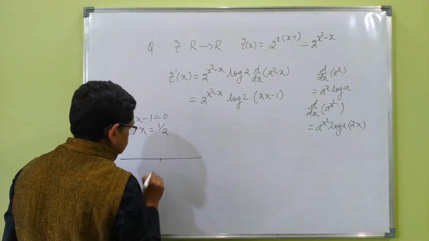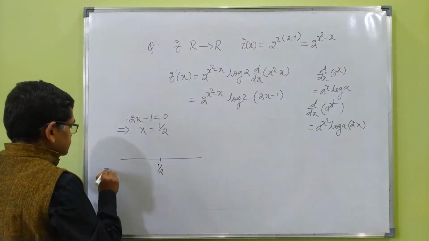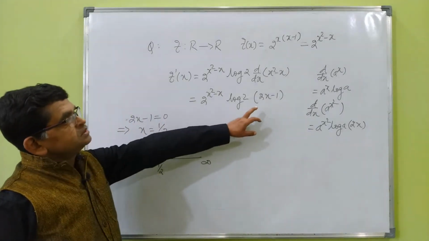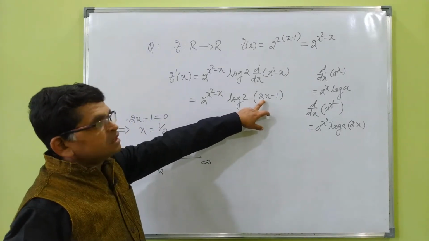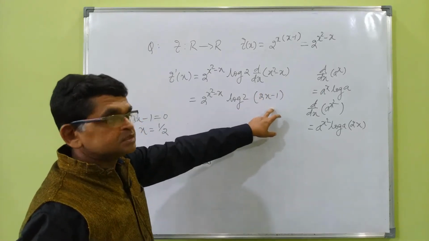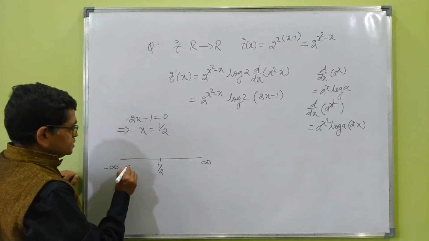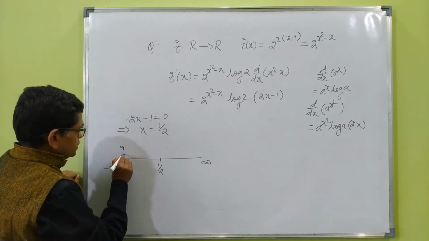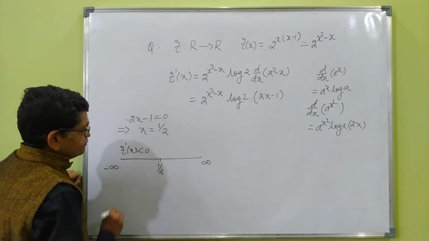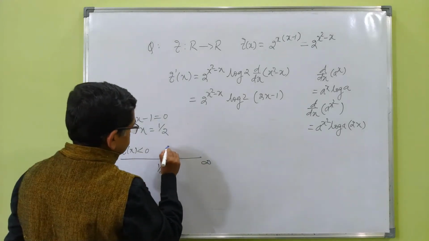If it is less than half, this factor will be negative, isn't it? So at x less than half, f'(x) will be negative, and more than half, this will be positive.